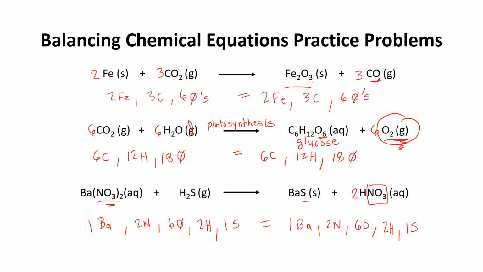And so yes, it only took 1 coefficient for us to balance this chemical equation. Sometimes they're just that easy, and then other times they can be a little more involved. And that's why we say balancing chemical equations is a trial and error process. Practice at this. The more you practice, the better you become. And always remember never to mess with the subscripts.